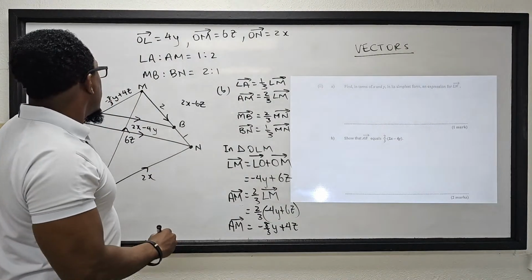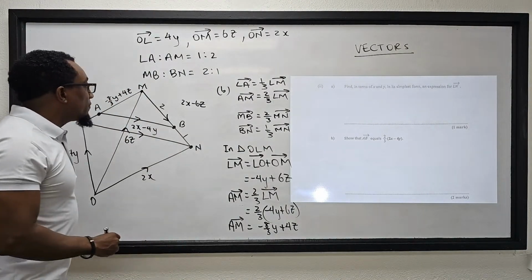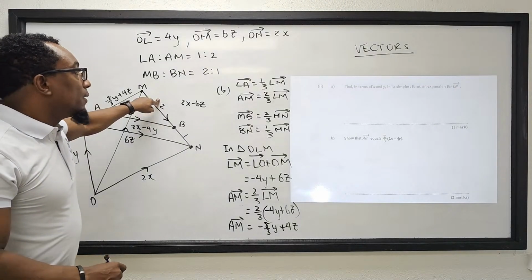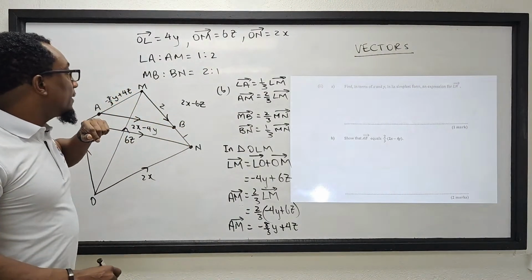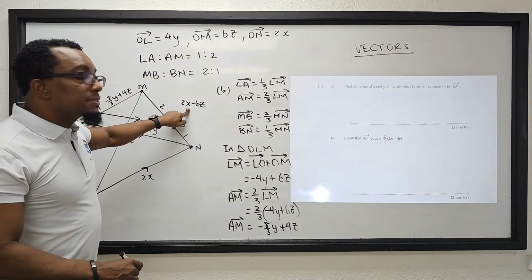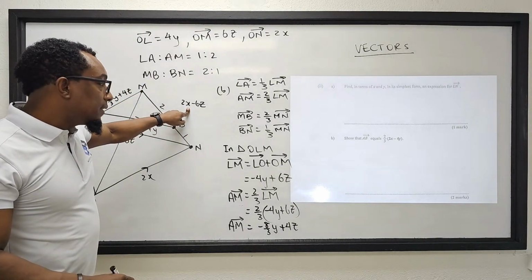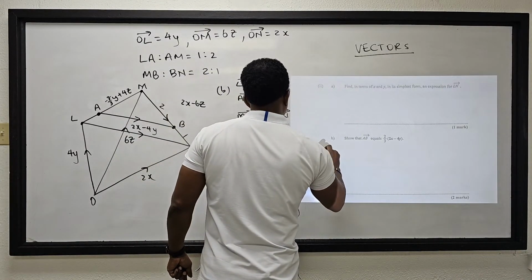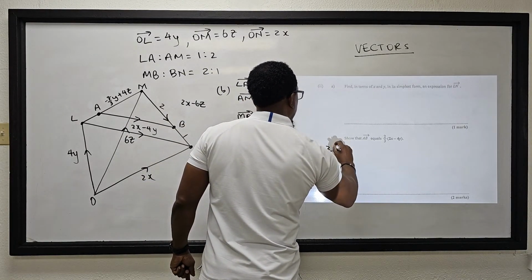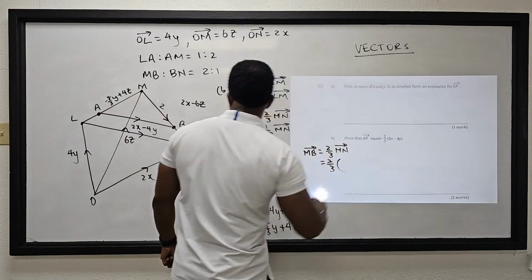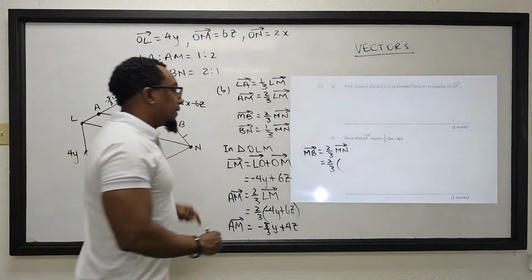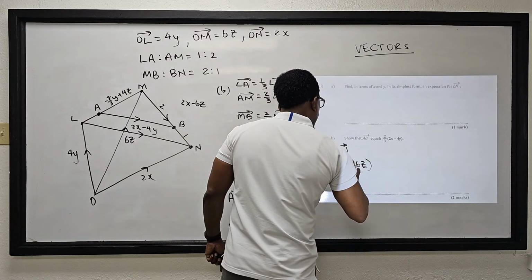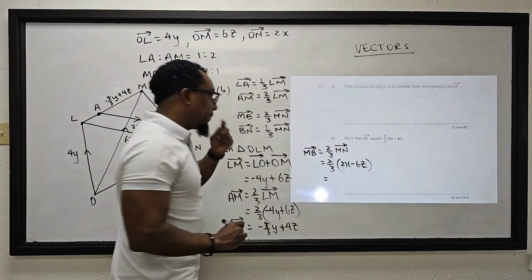So we found AM. But let us also find MB. And MB is easy to find because we know MB is 2/3 of MN. And we got MN previously to be 2x minus 6z. So MB is 2/3 of 2x minus 6z. And let us remove the brackets.